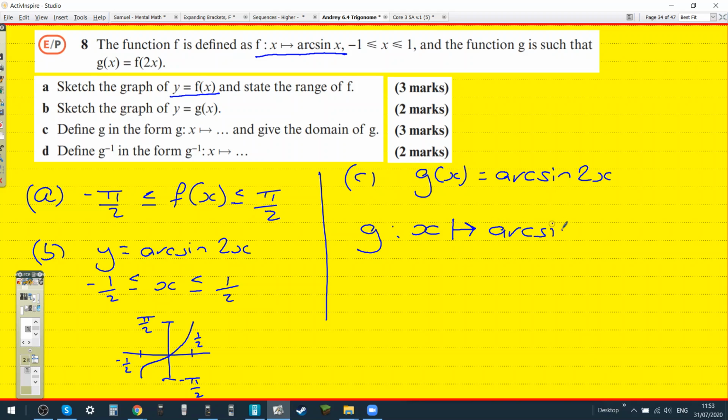Yeah, yeah. And they said give the domain of g. What does domain mean again? Sorry. X's, possible x values. The x equivalent of range. So would that just be like minus a half to a half? Yep, so we unnecessarily did it earlier, but yeah. And D.